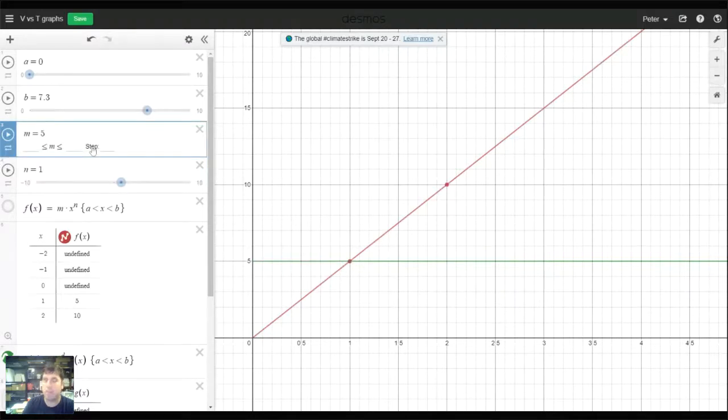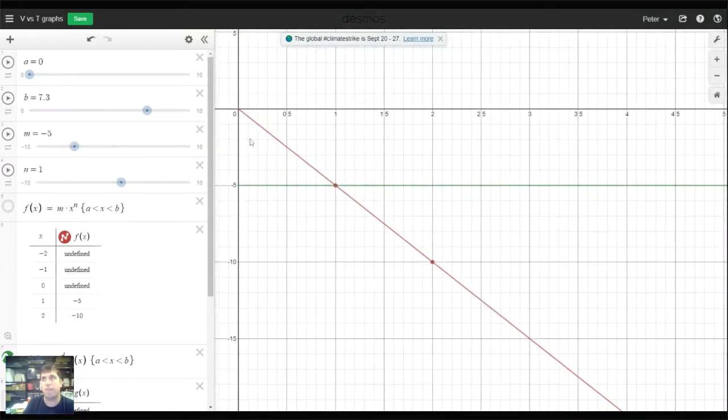If I made my slope a negative 5, now we see this whole thing kind of flip around, and now I'm going backwards 5 meters every second. So my velocity is a negative 5 as well. So if you look at a distance time graph, you can look at the slope of that graph and figure out the velocity at that point or over that range of seconds in there.